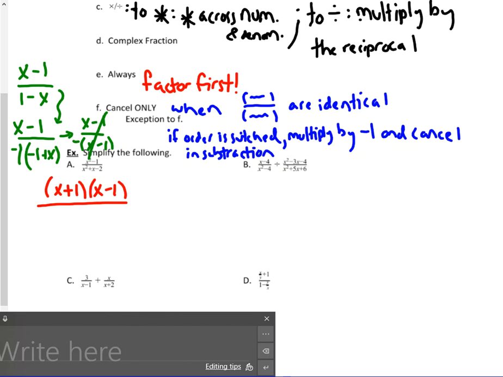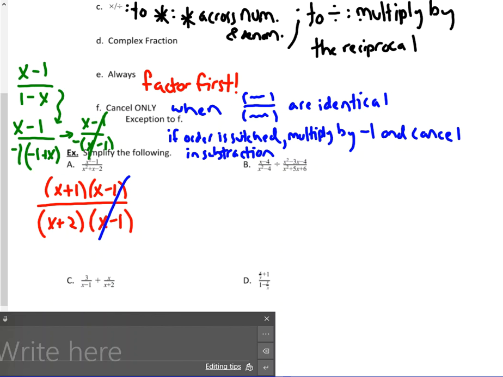And that denominator should factor to x plus 2 times x minus 1. Awesome. Now, we have an x minus 1 on the numerator and the denominator, so we can cancel these out.